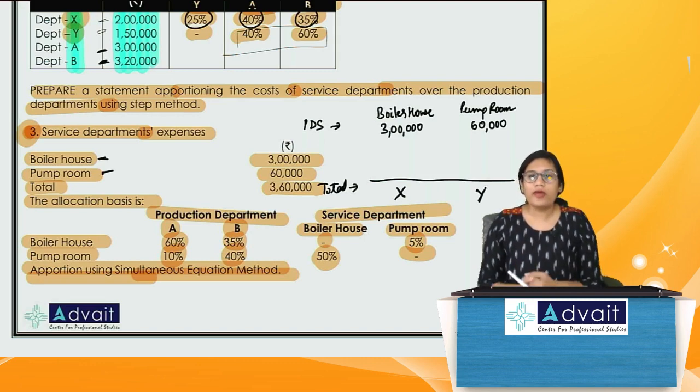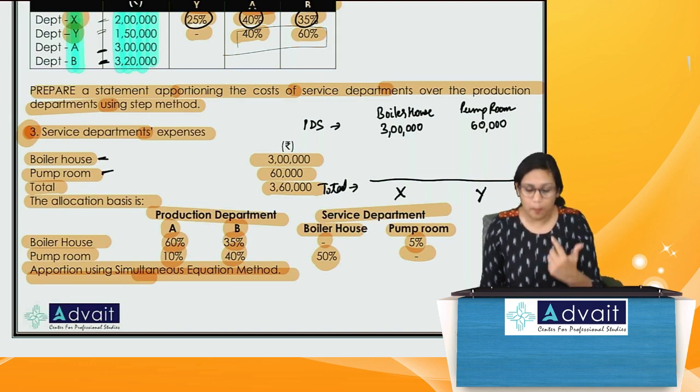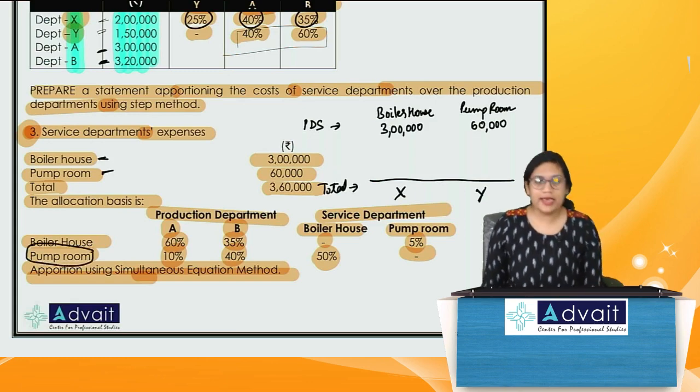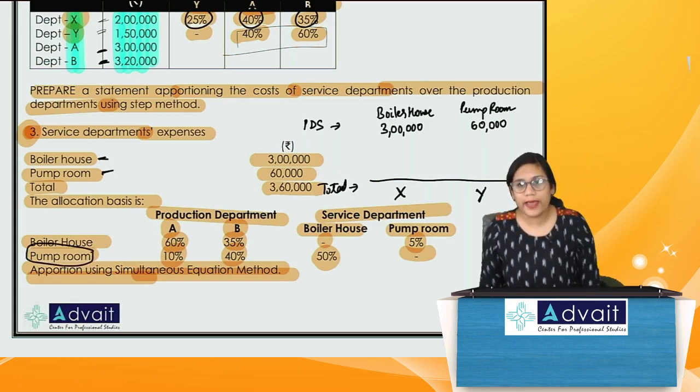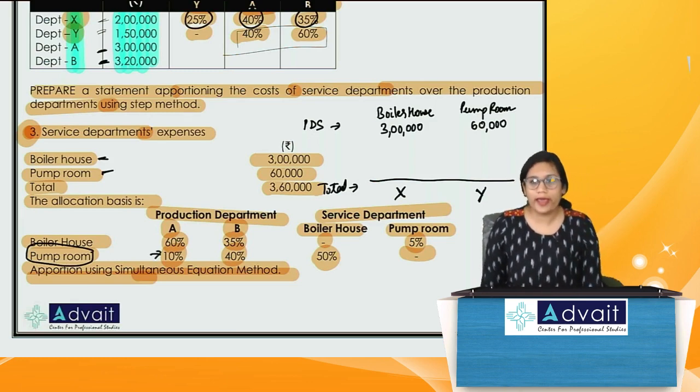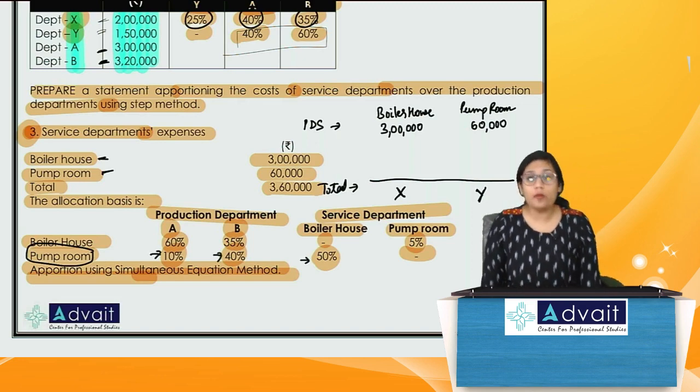Okay, so now we need to understand what boiler house is receiving from pump room. Now see here, when pump room is giving off its expenses, it is giving 10% to A, 40% to B and 50% to boiler house, which means boiler house will get 50% of the expenses of pump room.